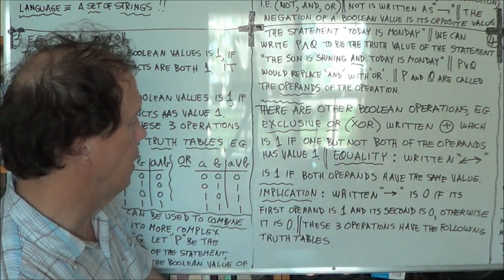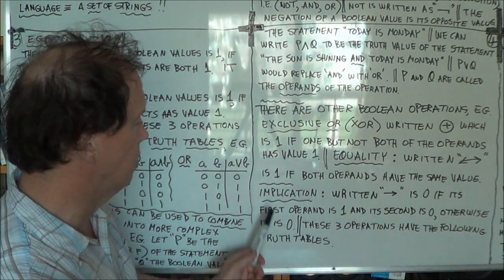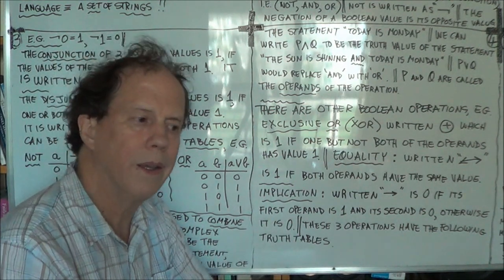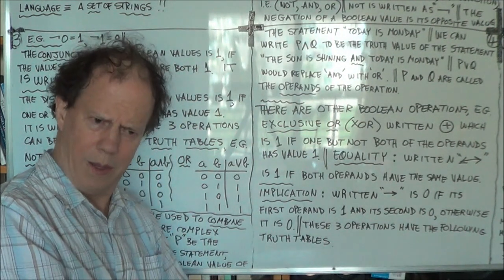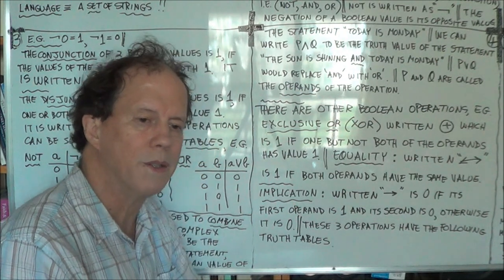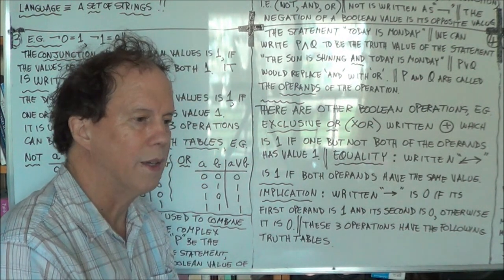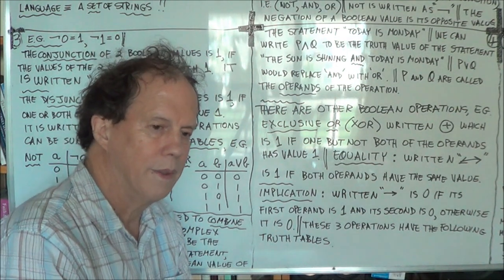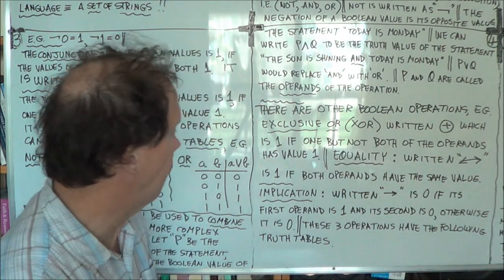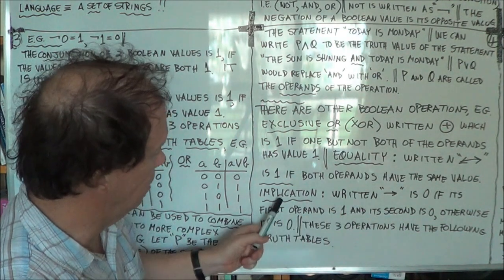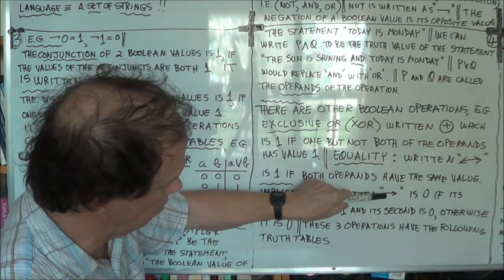Okay, so that's equality, and there's a third one called implication. That's the noun of to imply. Are you implying that blah blah blah? So to imply means to deduce, to conclude. The symbol for implication is a single arrow to the right.